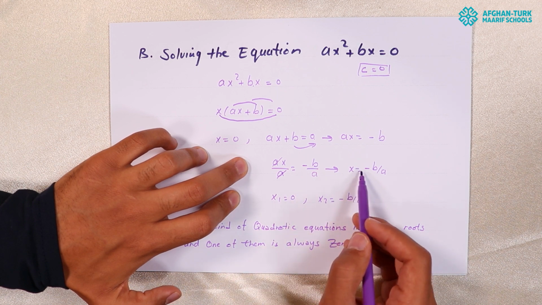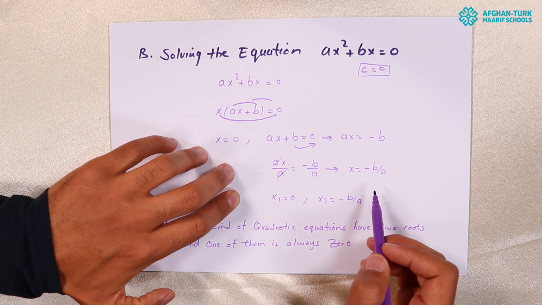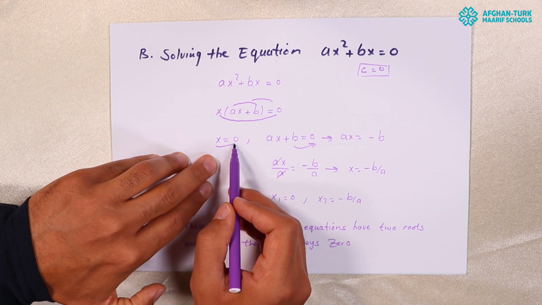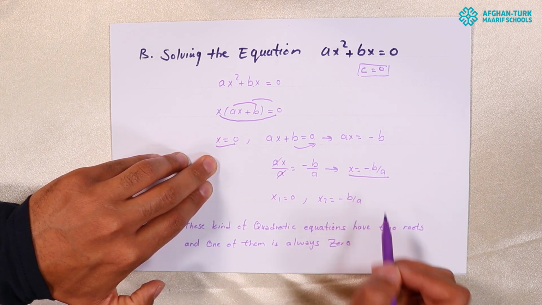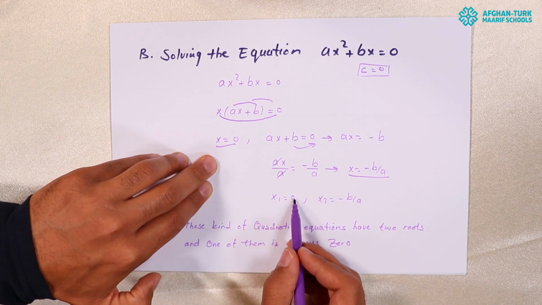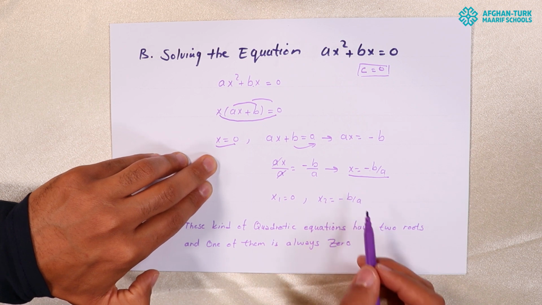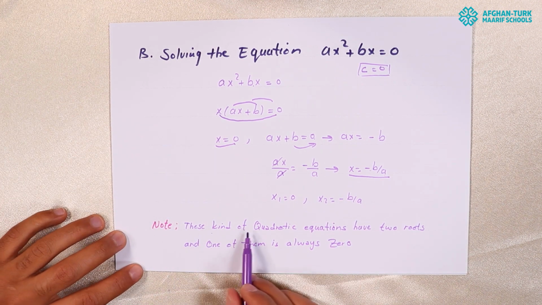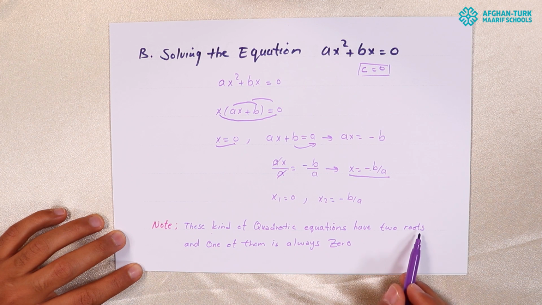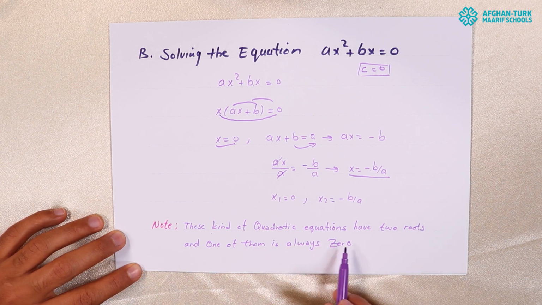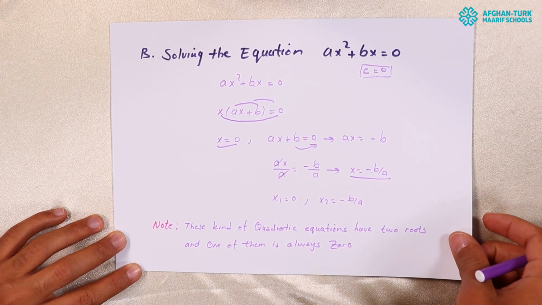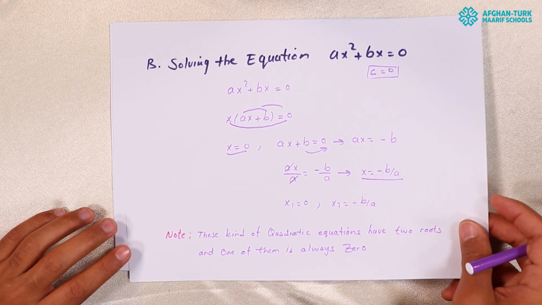The answer will be x is equal to minus b over a. So one root is 0, the other one is minus b over a. x1 is equal to 0, x2 is equal to minus b over a. Note, this kind of quadratic equation has two roots and one of them is always 0. Did you understand? Let me solve the questions for better understanding.